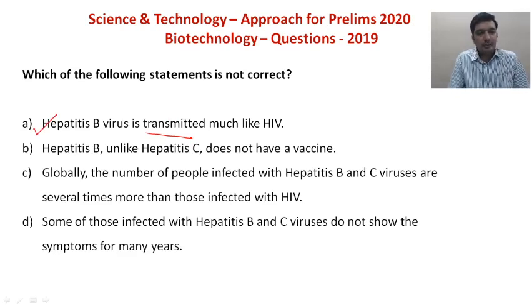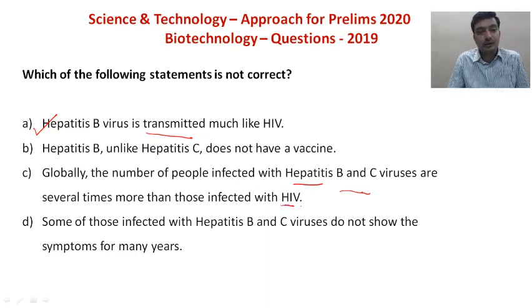The second statement: hepatitis B, unlike hepatitis C, does not have a vaccine. You may or may not be aware of it, so I'll come to this later. Then, globally, the number of people infected with hepatitis B and C viruses is several times more than those infected with HIV. This you have to guess. And indeed, if you read the WHO website, over 325 million cases are reported with respect to both hepatitis B and hepatitis C, and together they show around 9 times more infections than HIV.